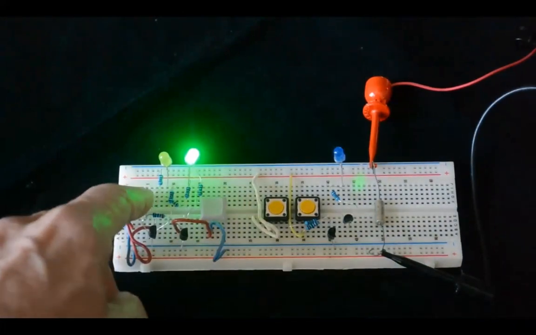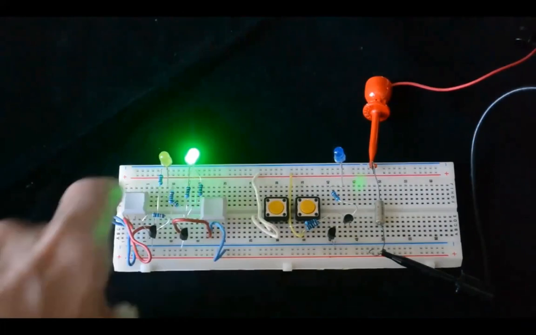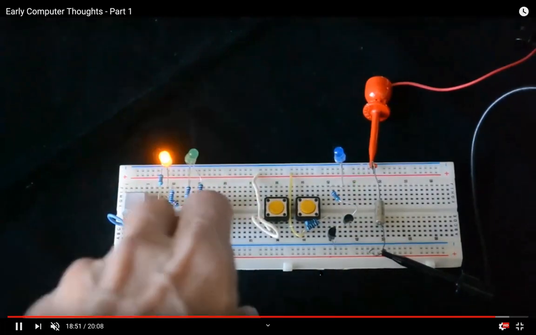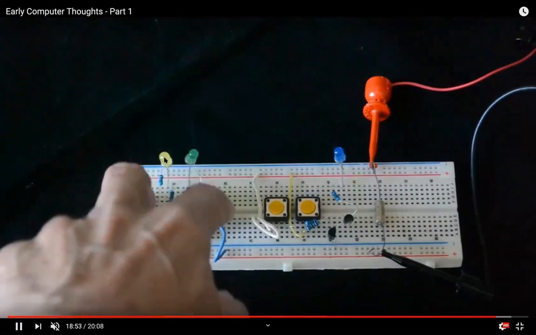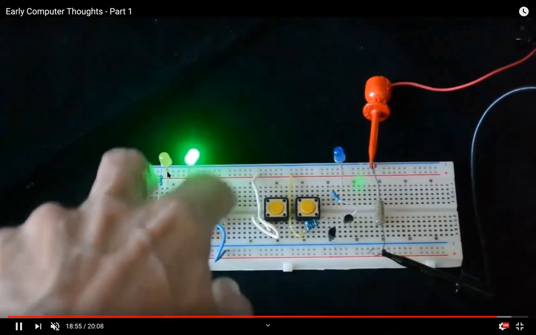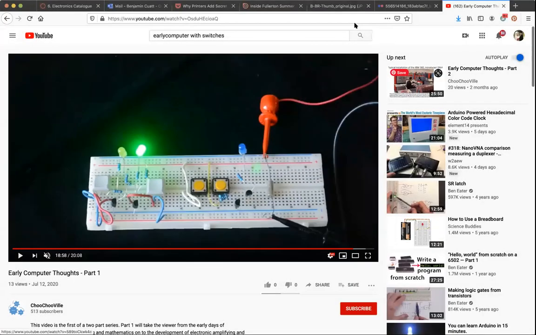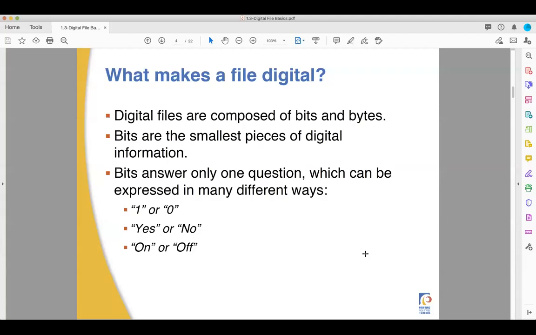I don't know enough about electronics to talk about this thoroughly. There are videos about this. But this is basically processing a single bit of information. It's either one of those lights or the other light. So that's a single bit, a single switch.